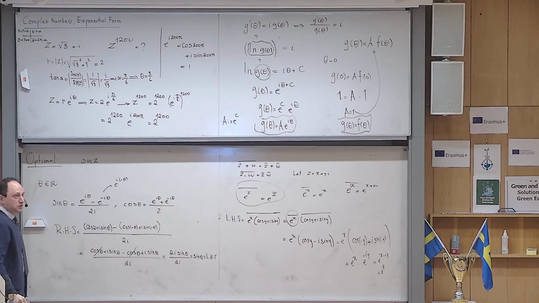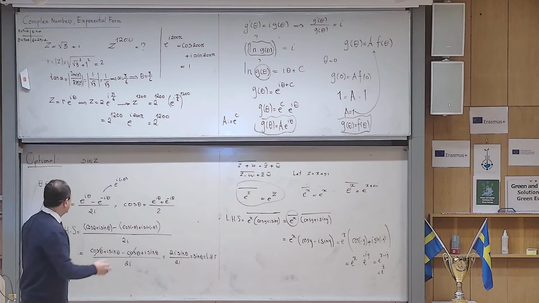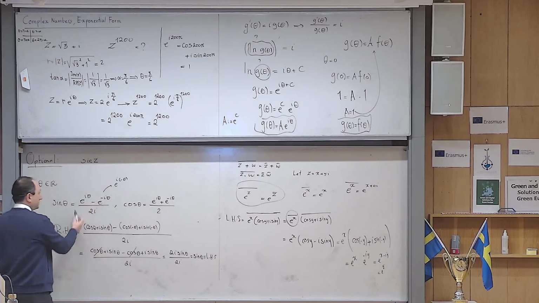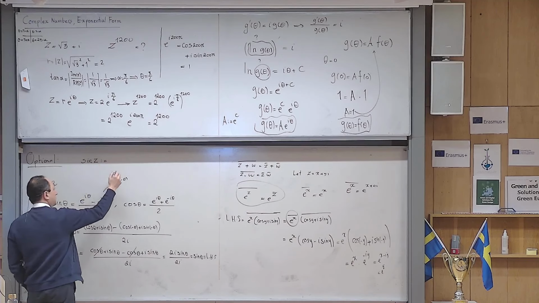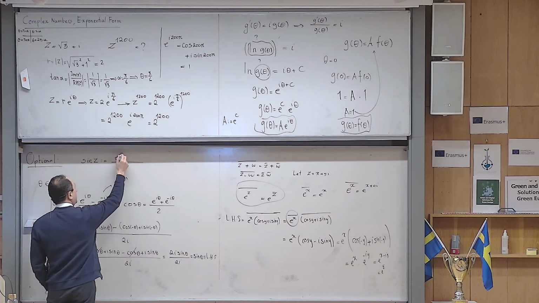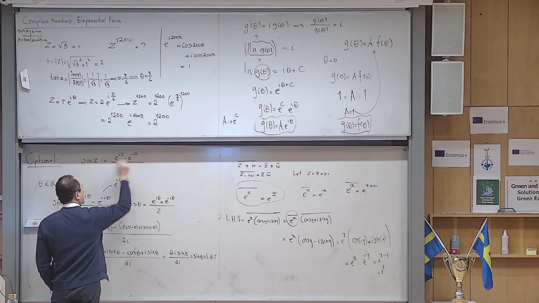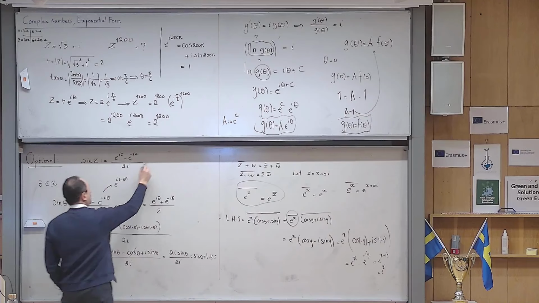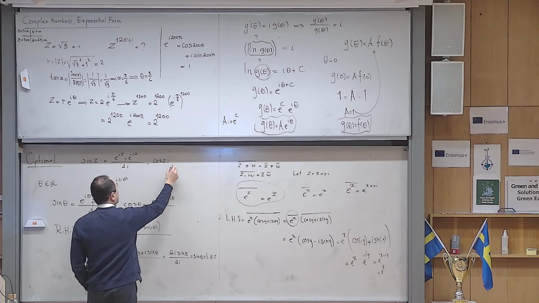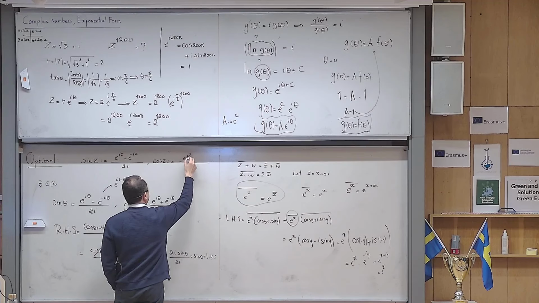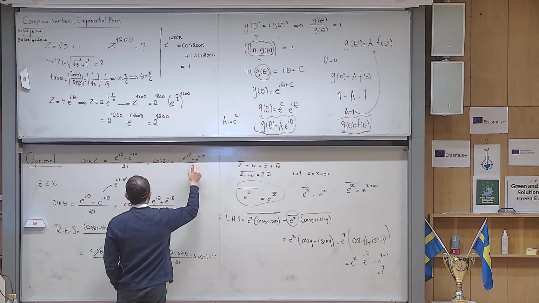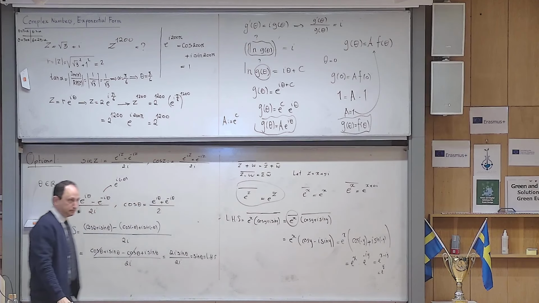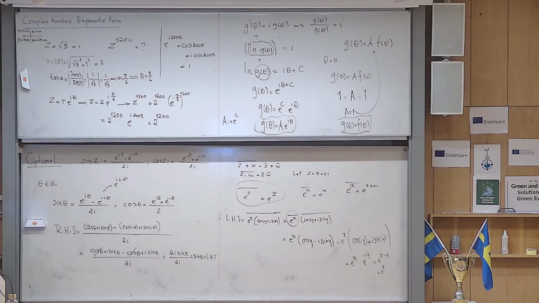So if someone asks what is the sine of a complex number, imitating this formula, it is defined to be equal to e to the power of iz minus e to the power of minus iz divided by 2i, and cosine of z is defined to be e to the power iz plus e to the power minus iz divided by 2. Okay, I don't want to go through it, but that's the definition of sine of z and cosine of z.